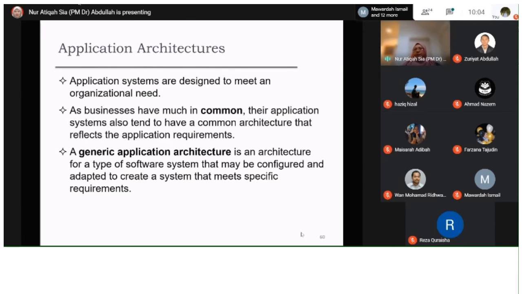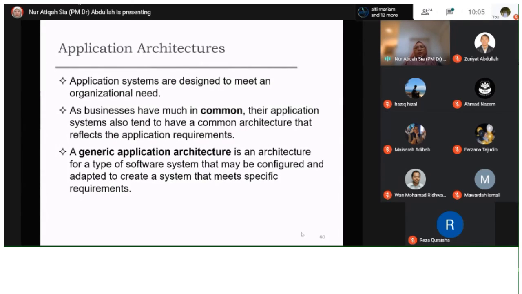Okay, any questions so far? Kita dah go through beberapa very common ones. So I hope when I talk about layer architecture, you dah tahu pattern dia macam mana. When I talk about repository architecture, client server, pipe and filter, MVC, you dah tahu pattern dia macam mana.